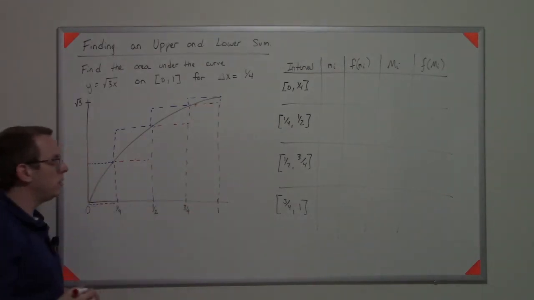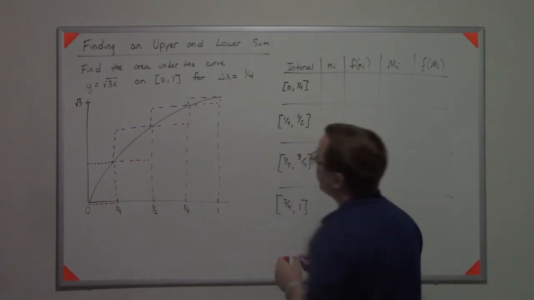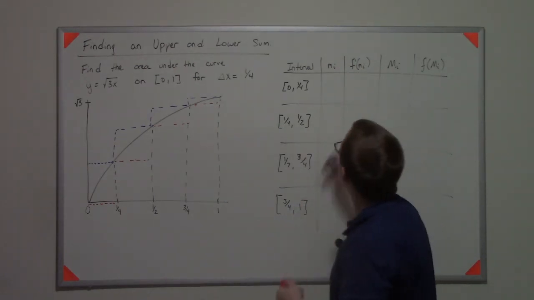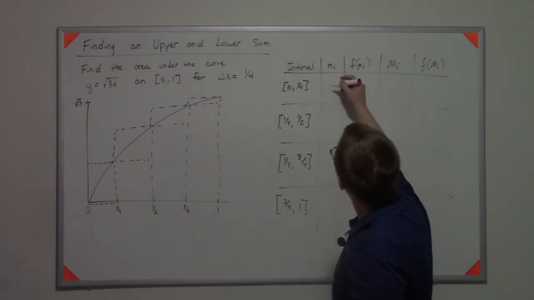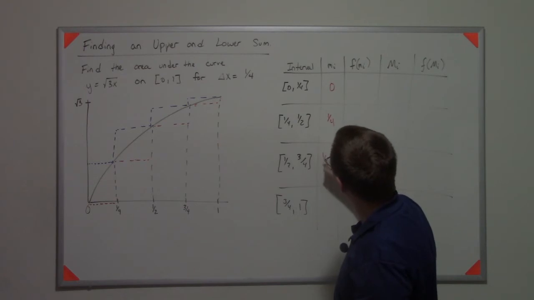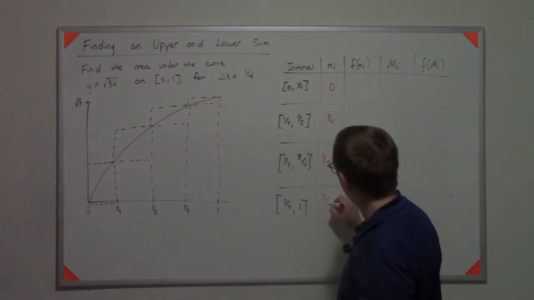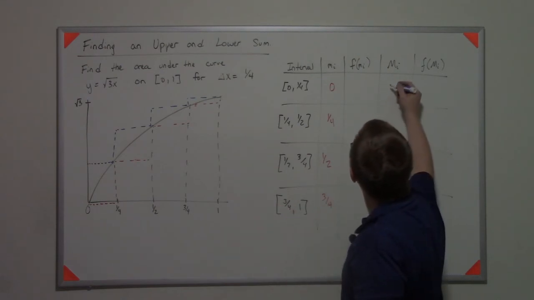So we see this underestimates it by quite a lot. In this particular case, our minimum is at the left-hand points, and our maximum is at the right-hand points.